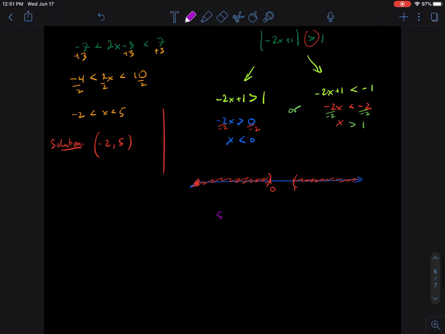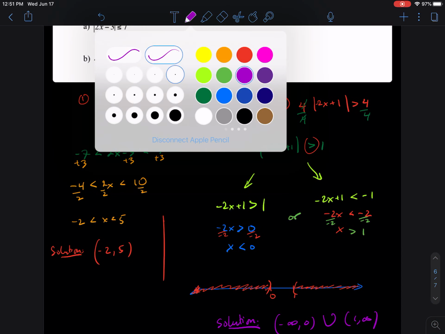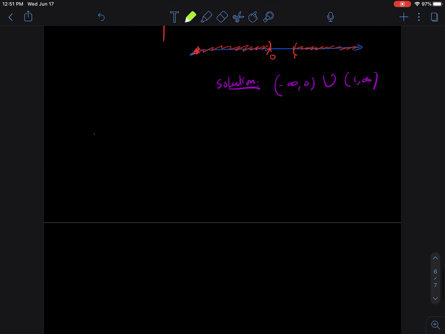We can say the solution is negative infinity to 0, union 1 to positive infinity. So the less than inequality here will yield an AND statement. We say less than implies an AND statement, and then greater than will yield an OR statement.